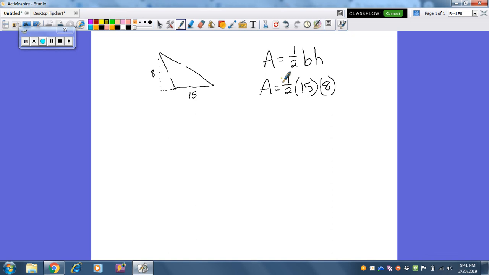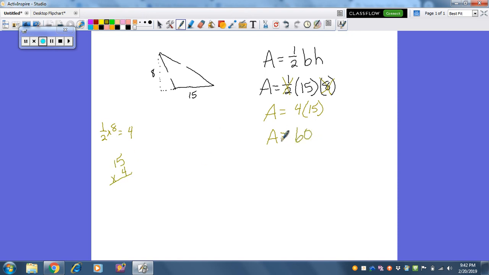I am going to multiply 1/2 and 8. 1/2 times 8 is 4. So now I have area equals 4 times 15. And 15 times 4 is 60.